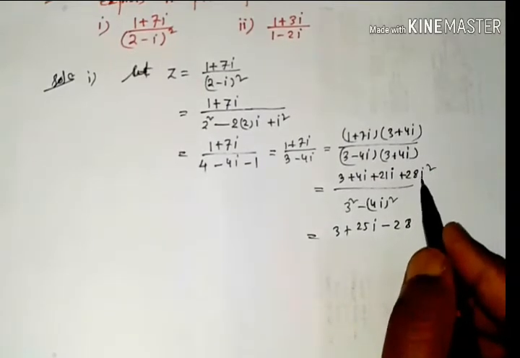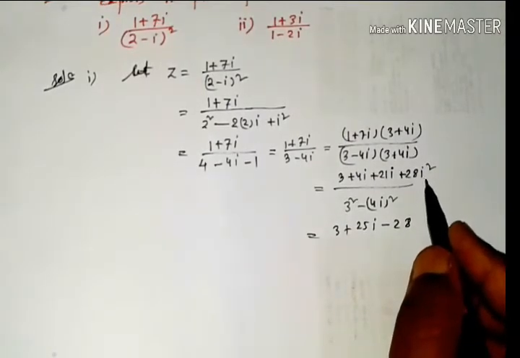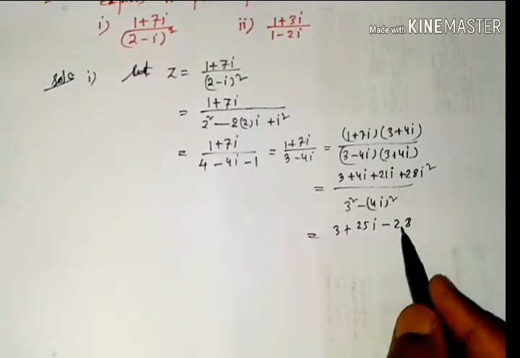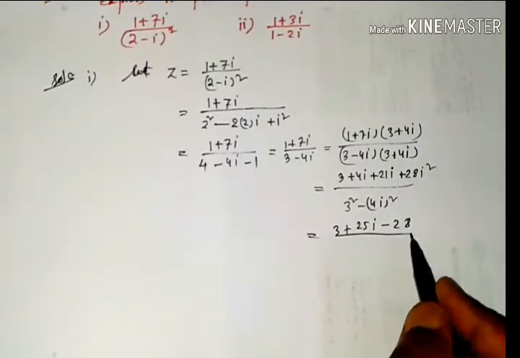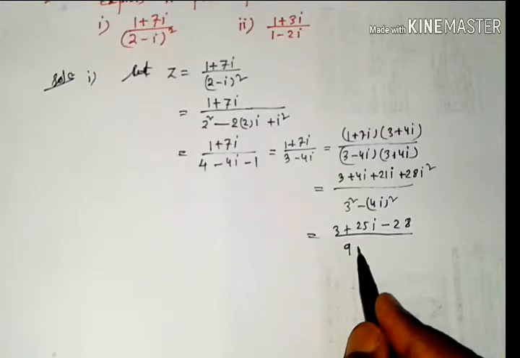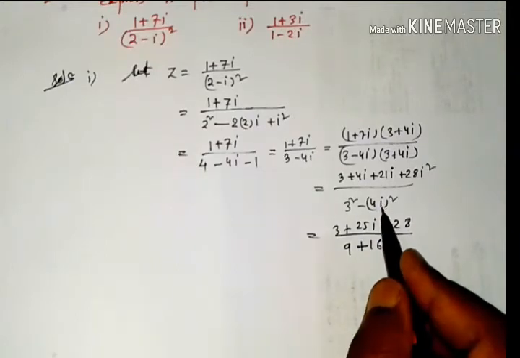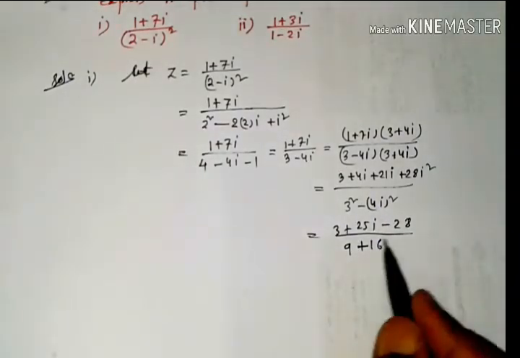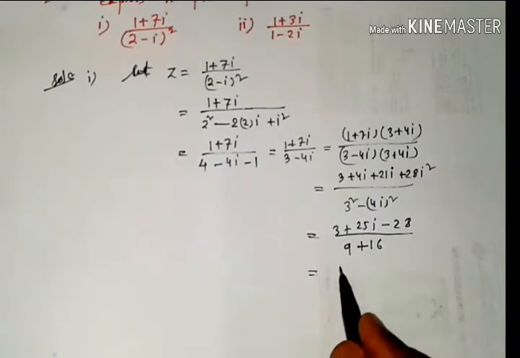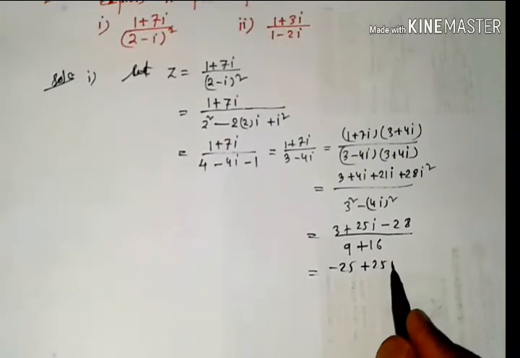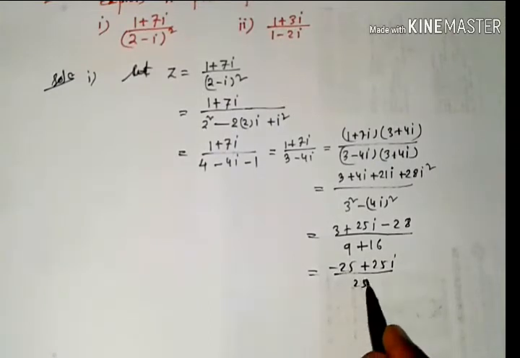This is minus 28, since there is i square, and i square is equal to minus 1. Therefore, it is minus 28. In the denominator, that is 9 plus 16, which is 25.